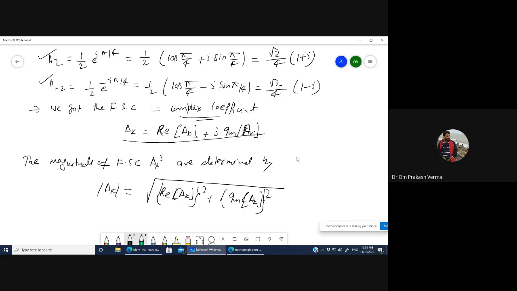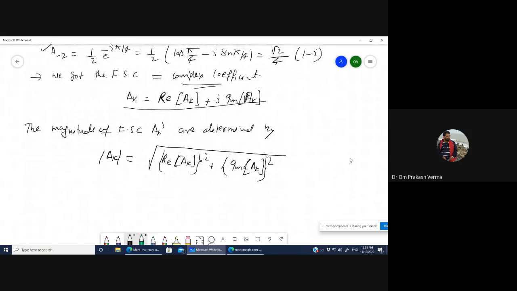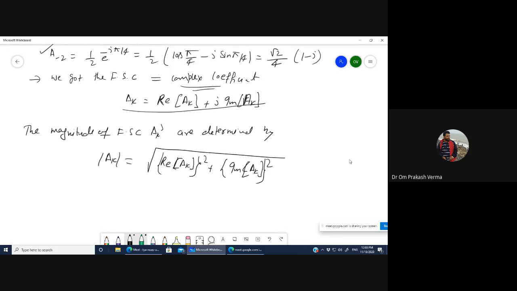This is the magnitude, and the phase you can also determine.